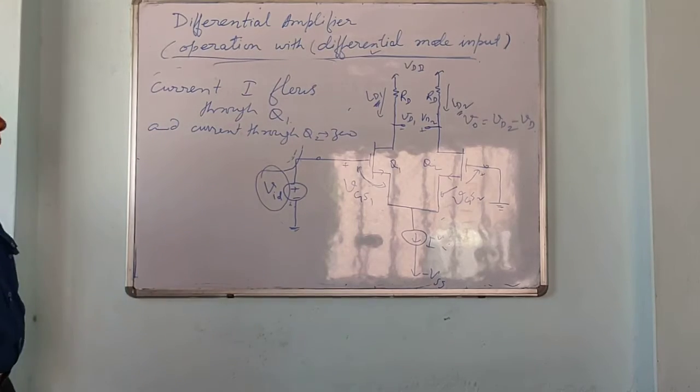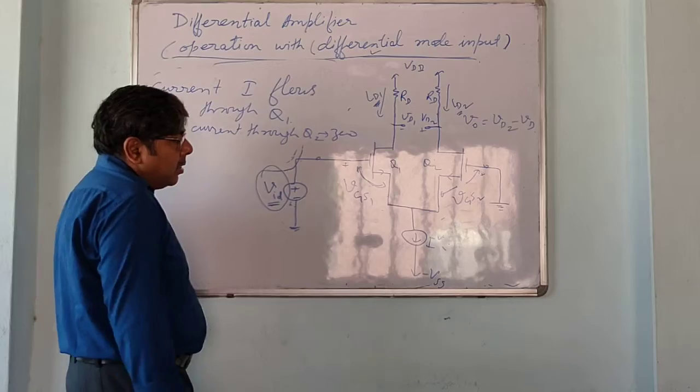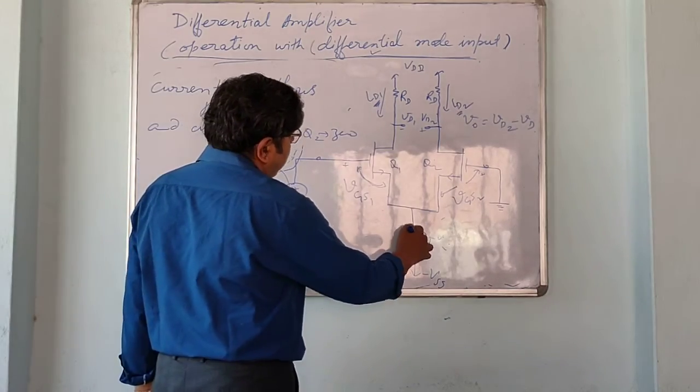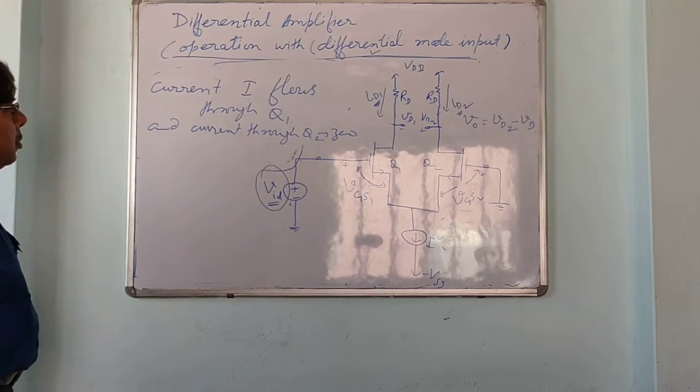As this increases slowly, the whole current flows through Q1 and the current through Q2 becomes 0.